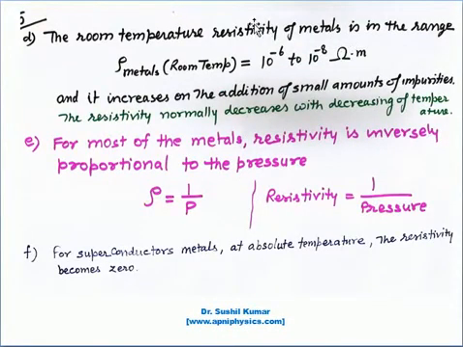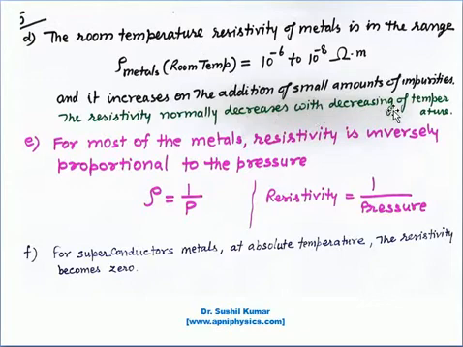The next property is, at room temperature the resistivity of metals is in the range of 10 raised to the power minus 6 to 10 raised to the power minus 8 ohm meter, and it increases on addition of a small amount of impurities. If resistivity increases, it means conductivity will decrease.